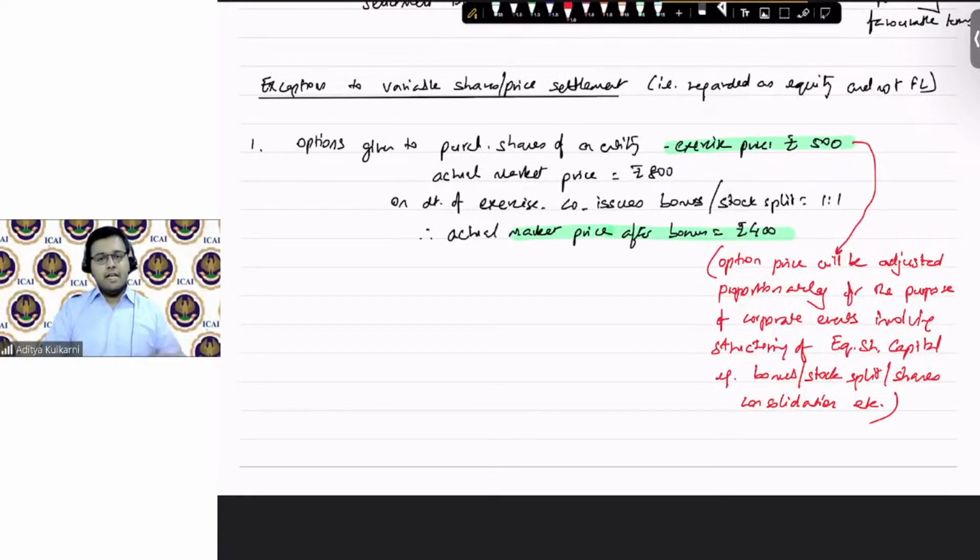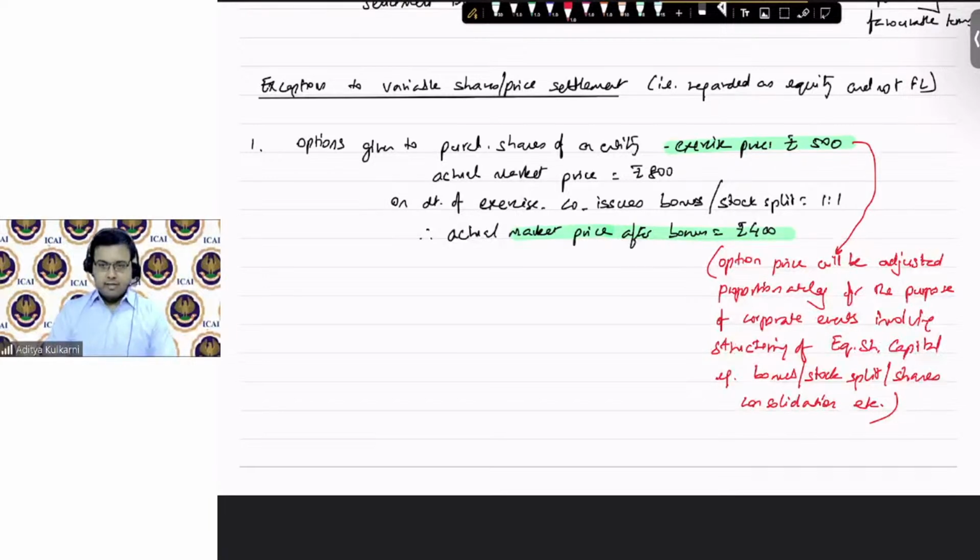But in future, if we come out with any corporate event that restructures my equity capital, could be a bonus, a stock split, or a stock consolidation, we understand that this will have a direct bearing on the option which is given to you. And therefore, at that point of time, we will pro rata adjust the exercise price for you.